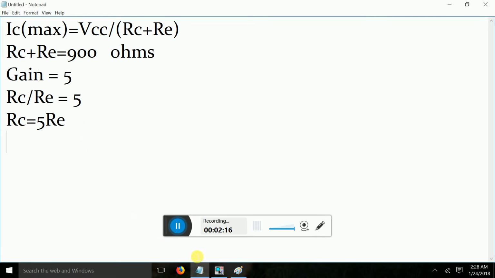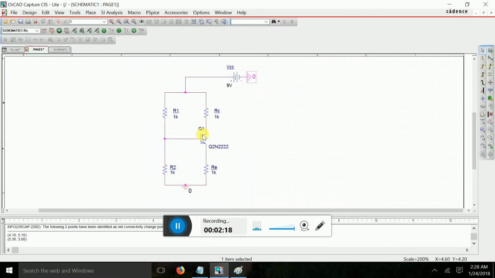Now if you apply KVL at the output terminal, these are the parameters for the output terminal. The voltage across RC, plus the voltage across collector and emitter, which is VCE, plus the voltage across RE is equal to the 9 volt.